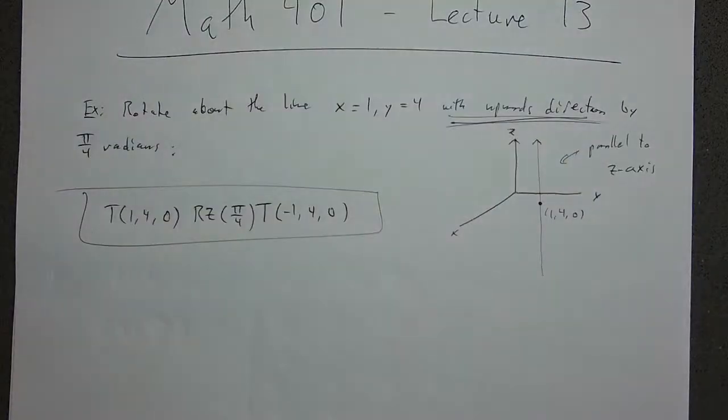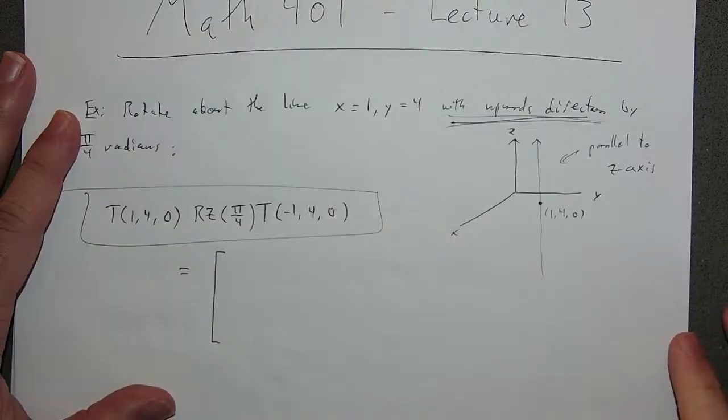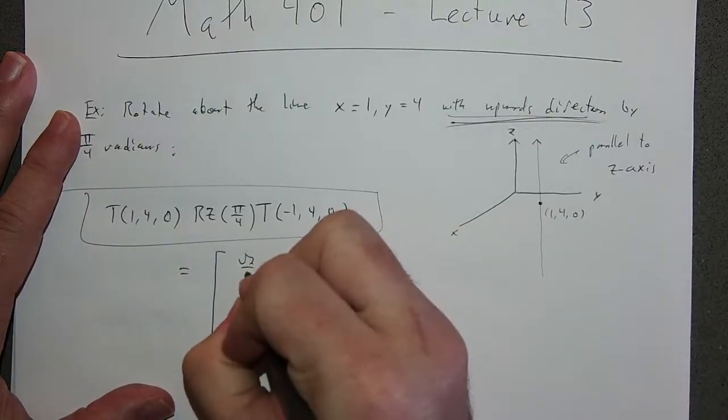So that when we multiply this matrix out, what we get is, I'm going to read column-wise.